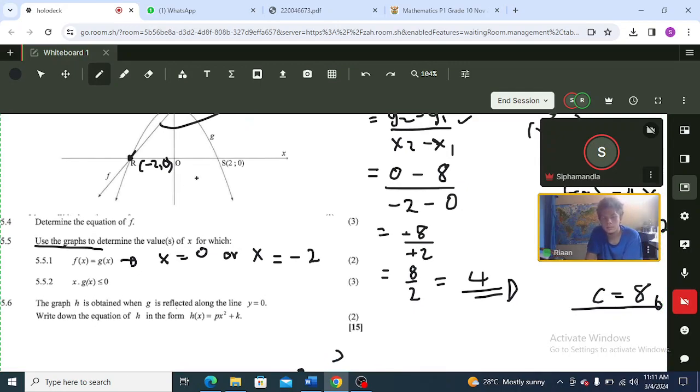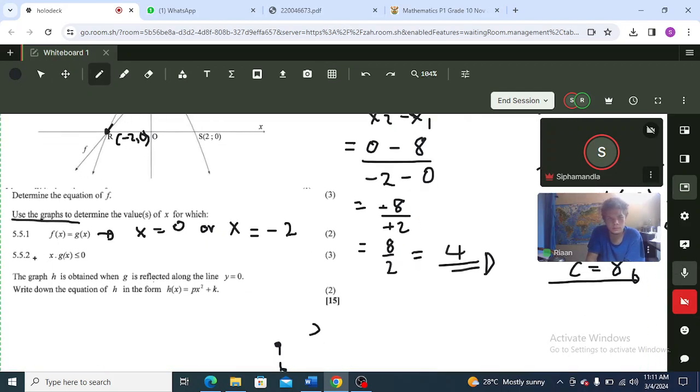Okay. Even though they are saying use the graph, and then they're saying find x times g of x less than or equal to 0, I recommend that you use the calculations here.